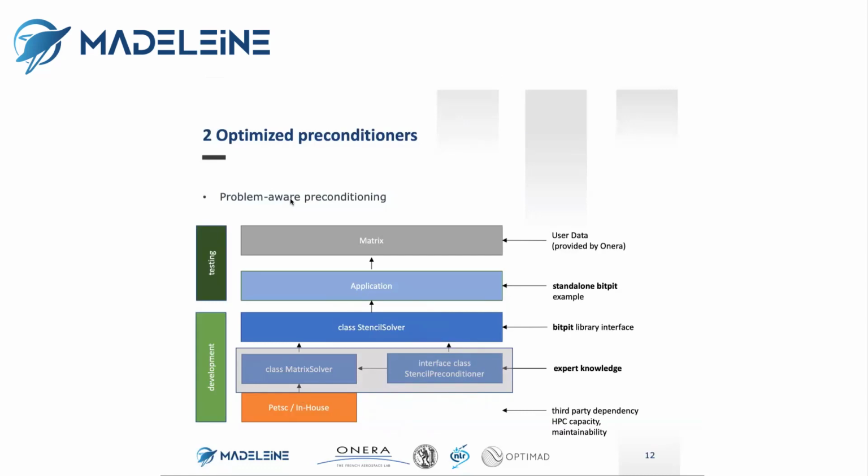We try to have preconditioners that are as efficient as possible, as the direct solvers. They were inspired very much by the optimizations that we have in the direct solvers.